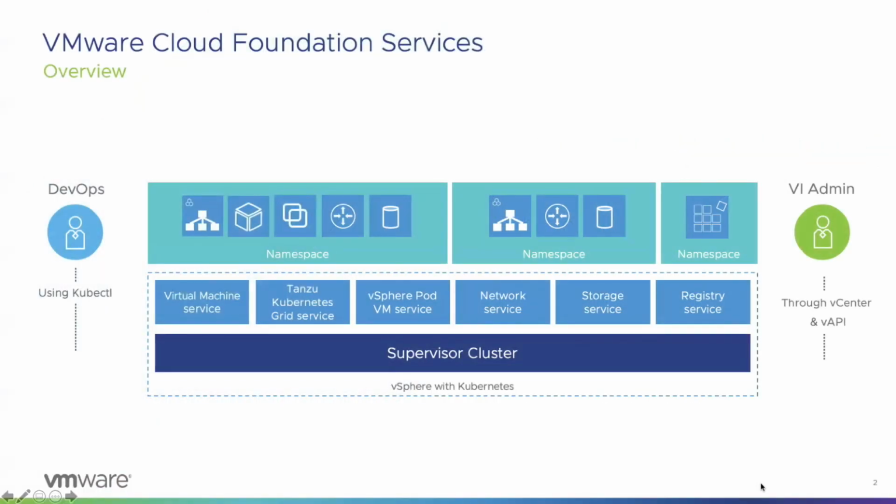So we'll kick off from where Bo left off, right? This is the VMware Cloud Foundation Services. What it does is it enables your traditional vSphere platform into a Kubernetes-driven platform. What that does is for two personas.